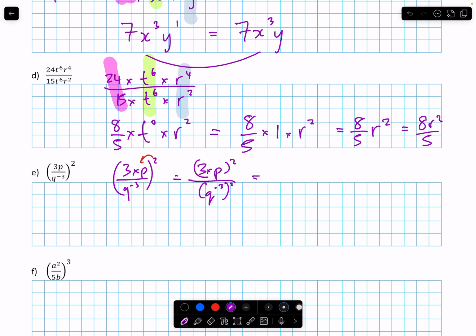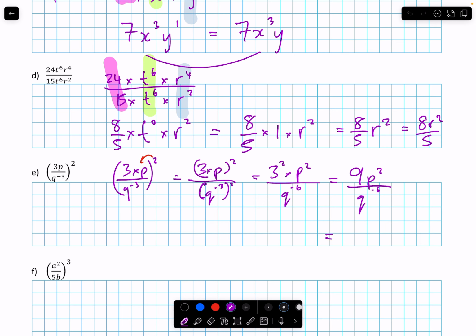So now we can apply the law. That squared is going to apply to the 3 squared times by p squared. Spread like COVID again. And then this one, you've got a power in the brackets raised to another power. So you're going to times it. So it's going to be q to the negative 3 times by 2, negative 6. There's nothing stopping you working out what 3 squared is. It's 9. And then you've got the p squared left over on the top. And then you've got q to the negative 6.